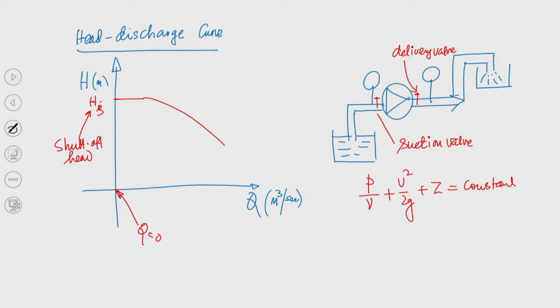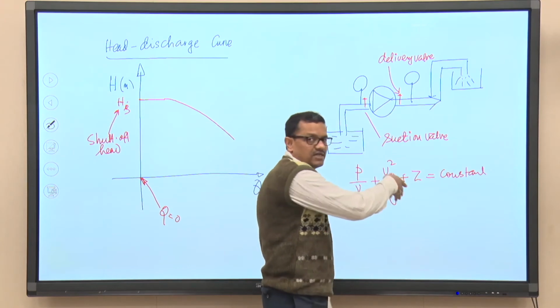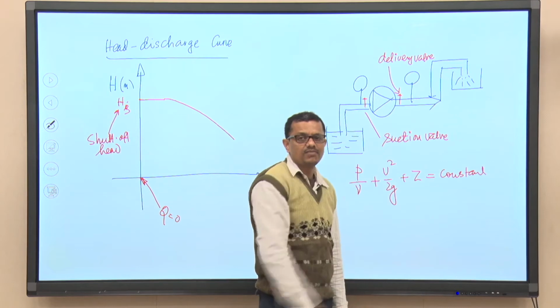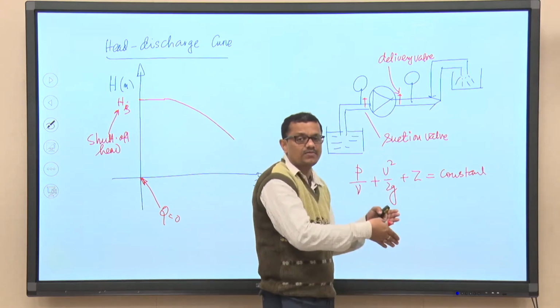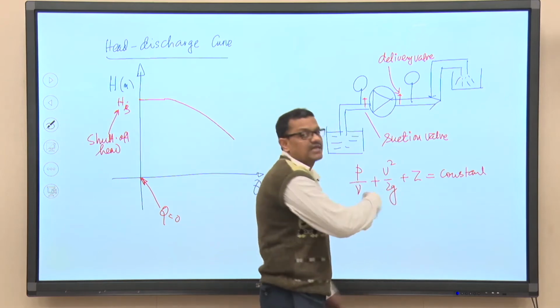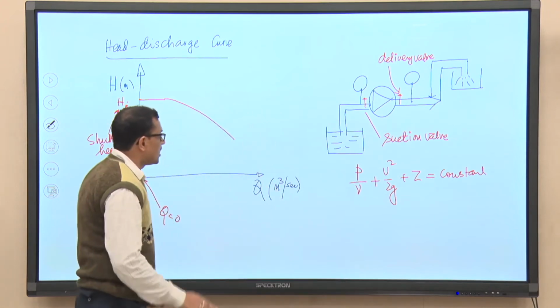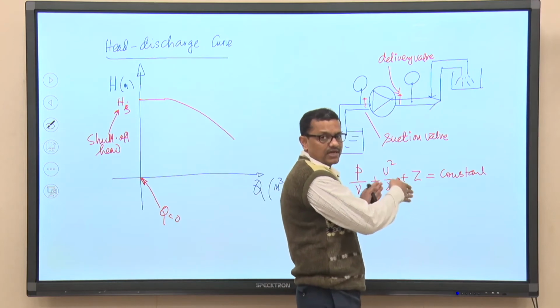Because the unit of this quantity is meter. Z has unit meter, and V square by 2g, if you calculate the dimension, again comes out as meter. That is why the terms pressure head and velocity head are used. This is basically the total energy, which is constant at any cross section.